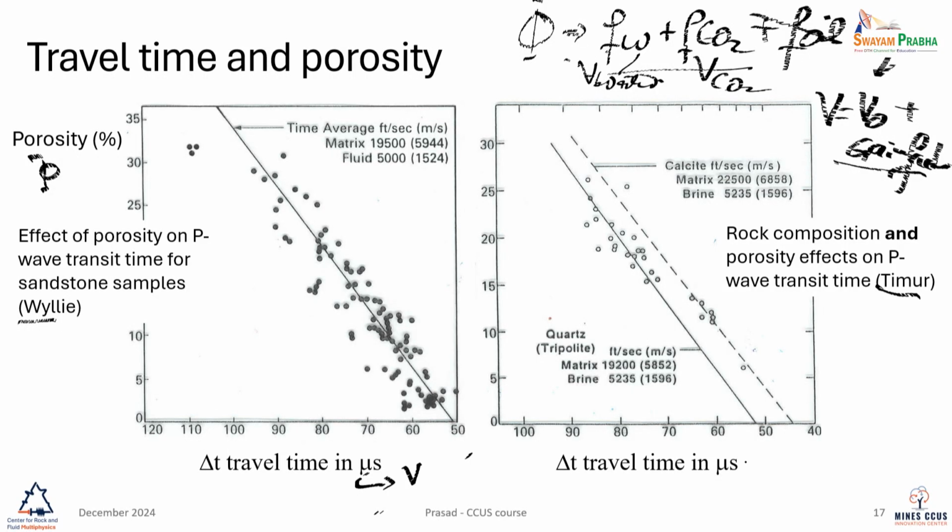So I need a gain factor for water plus a gain factor for carbon dioxide. And that's where models come in, because now we need to define how the fluid is distributed. Okay?